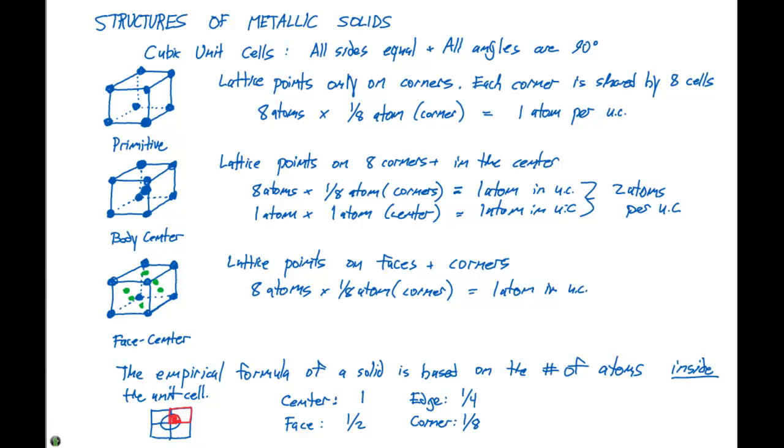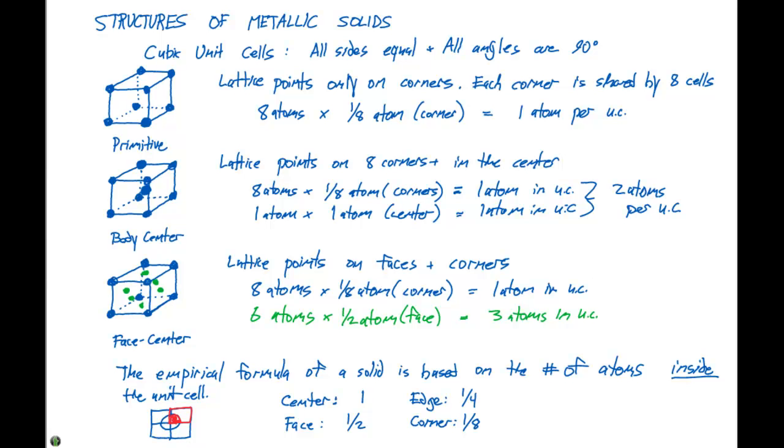Okay, so we have 6 atoms times, if we look at the face centering occupancy, we get 1/2 of an atom for a face, which gives us 3 atoms in the unit cell from the face-centered atoms.